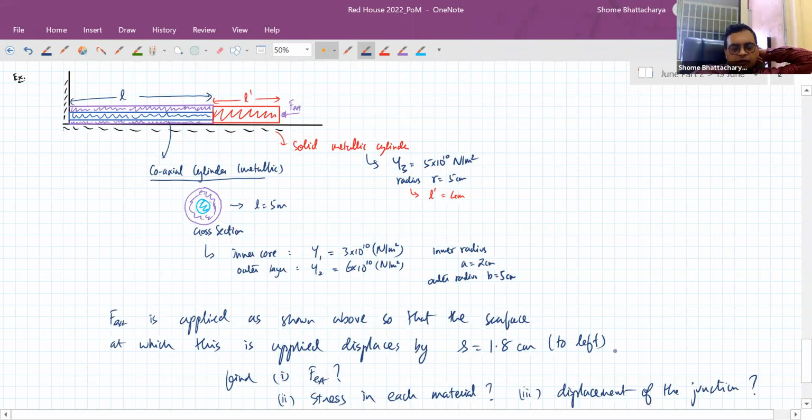So just try this question out, and now you'll see that you can convert this question into an equivalent combination of springs and make it very easy to solve.